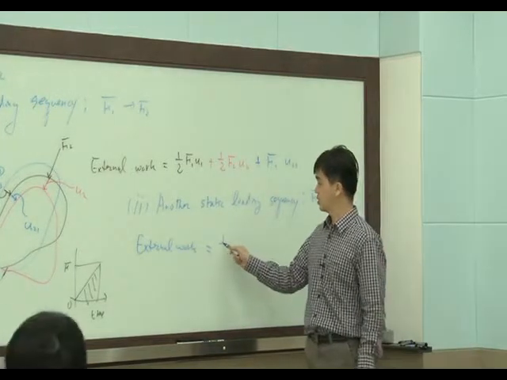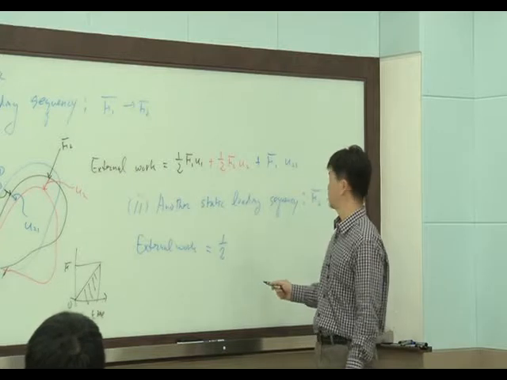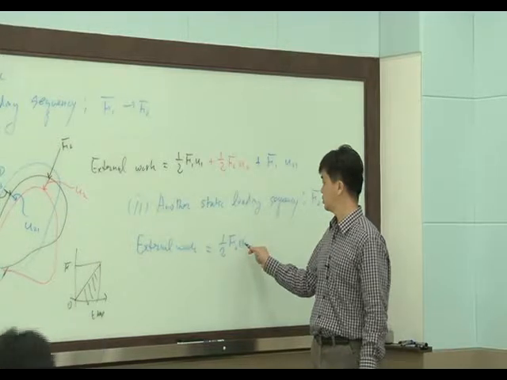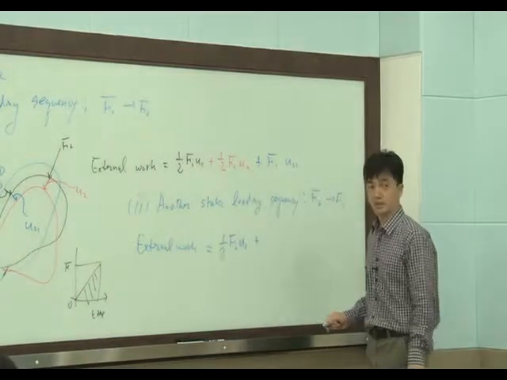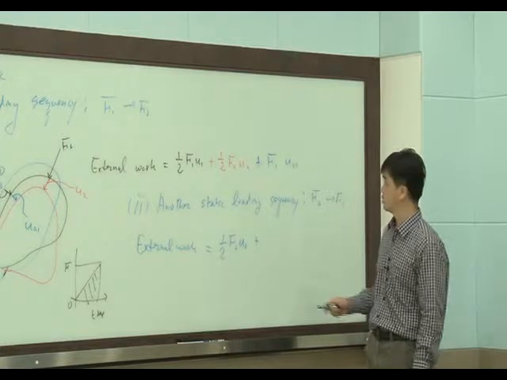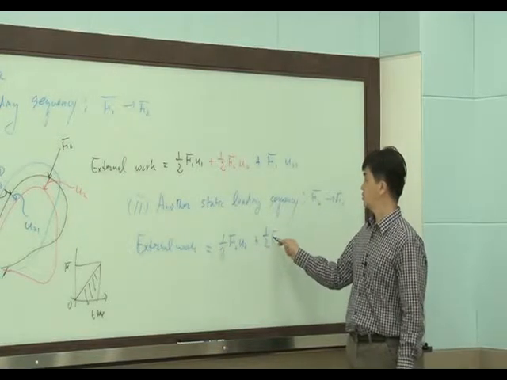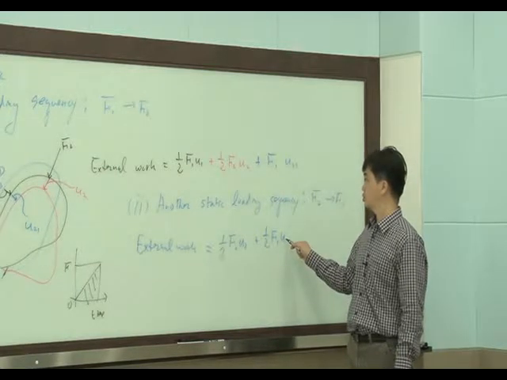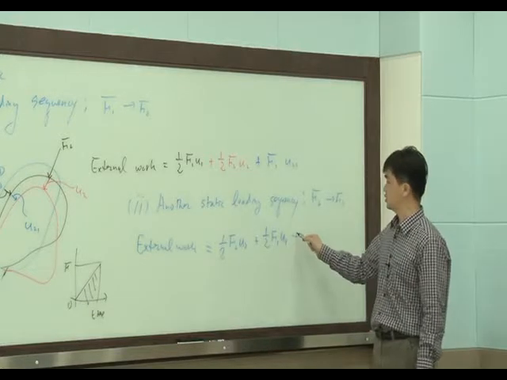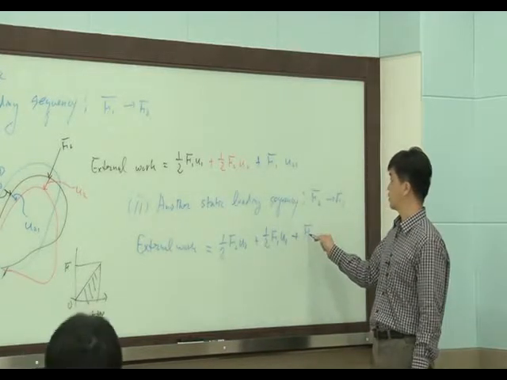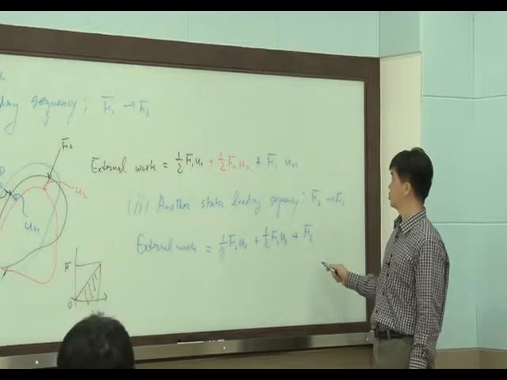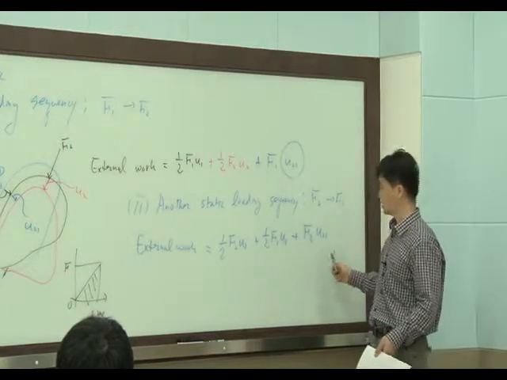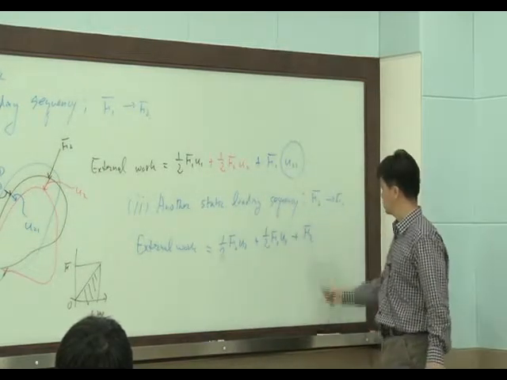So because of the F2, we have external work 1 over 2 F2 U2, plus I'm going to apply F1, 1 over 2 F1 U1, right? Plus F2 will work F2 U12.